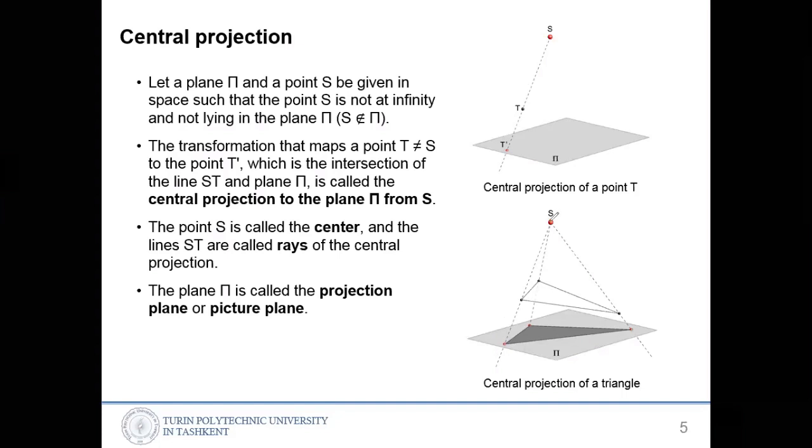Using S, we can make lines through each vertex of the triangle, and these lines intersect plane P. If you join those intersection points, you generate this gray triangle. That gray triangle is the projection of this white triangle on the plane P. So that's also the central projection of a triangle.